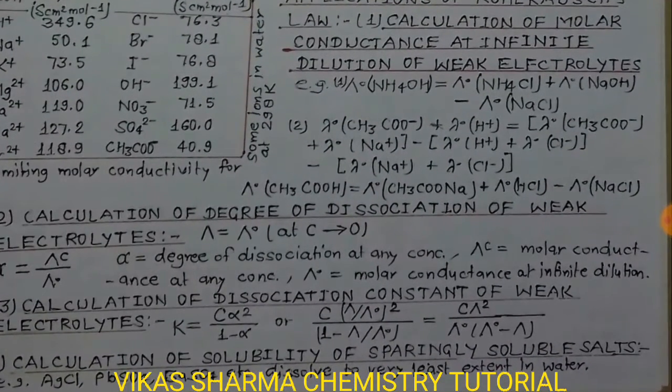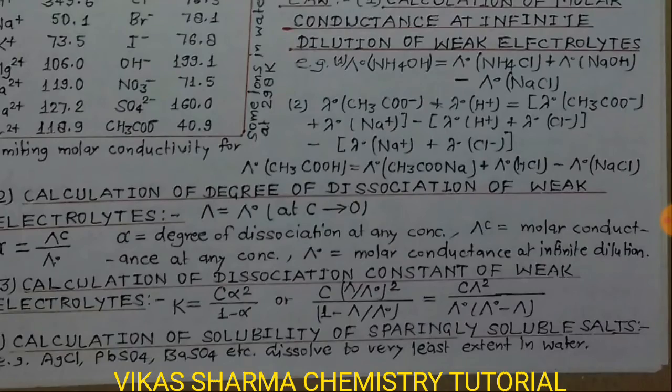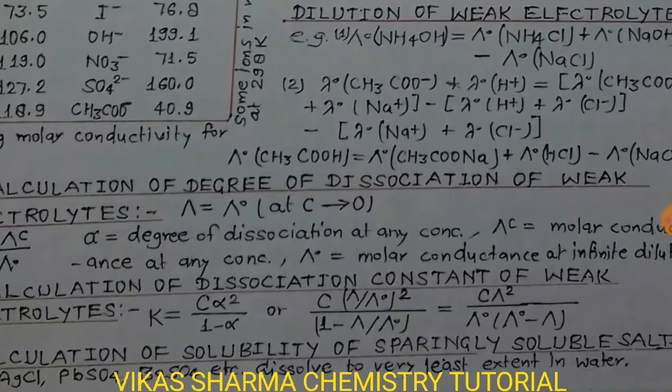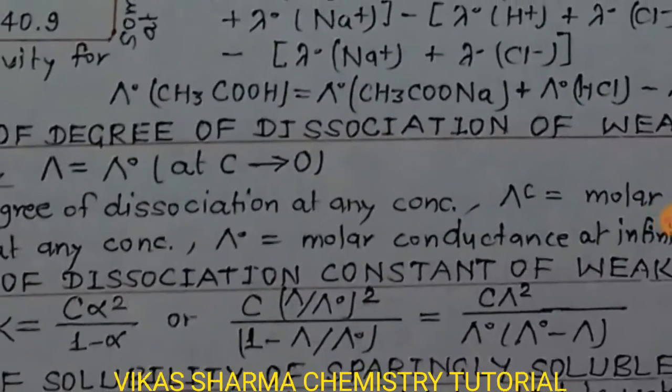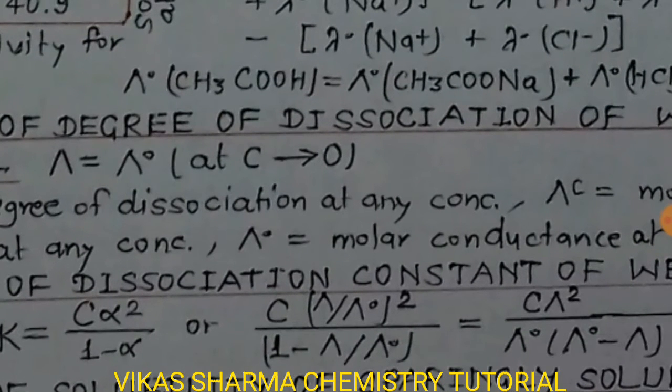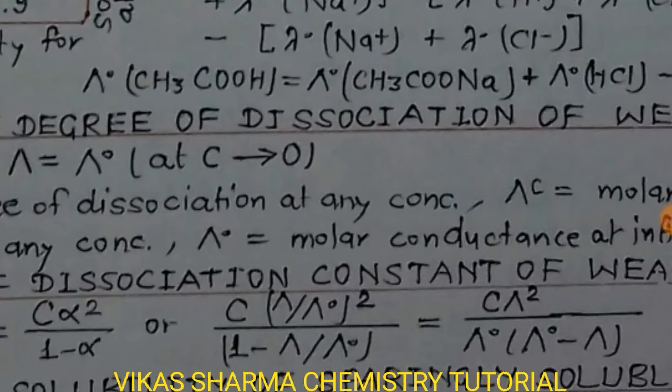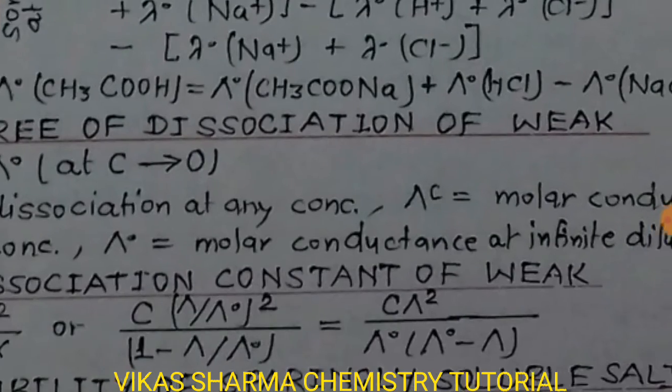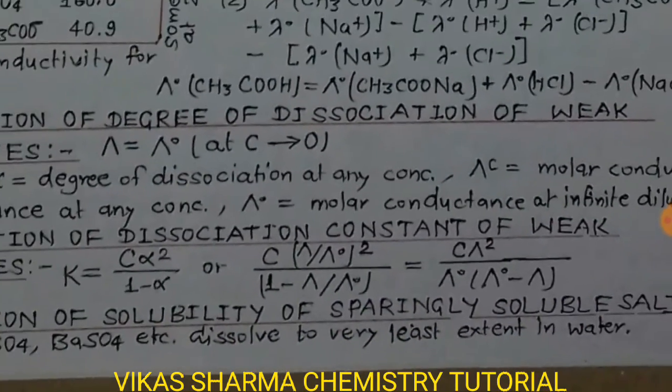The third application is calculation of the dissociation constant of a weak electrolyte. In weak electrolyte cases, the dissociation constant is equal to C alpha square divided by 1 minus alpha, or from the derivation which is given, you put in the values and then you find the answer.